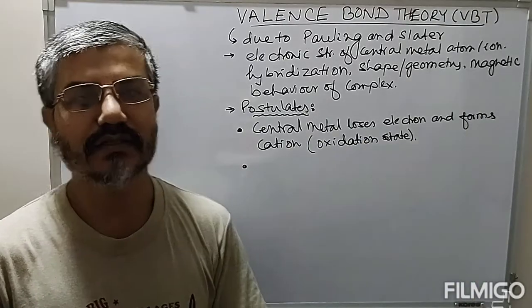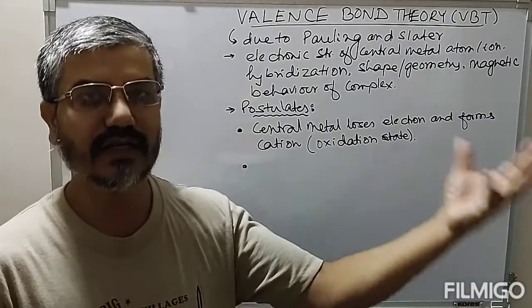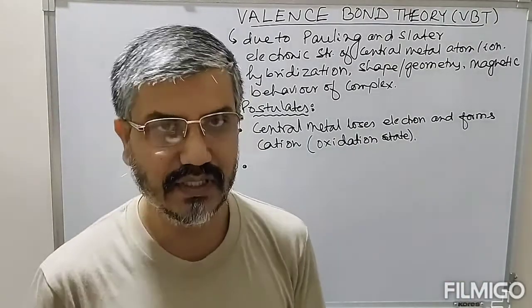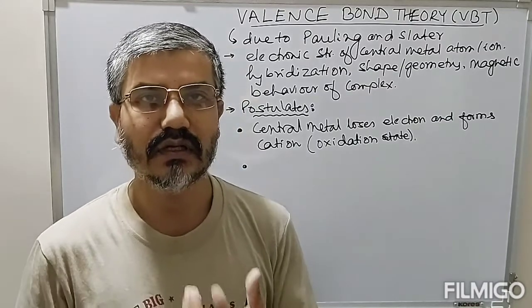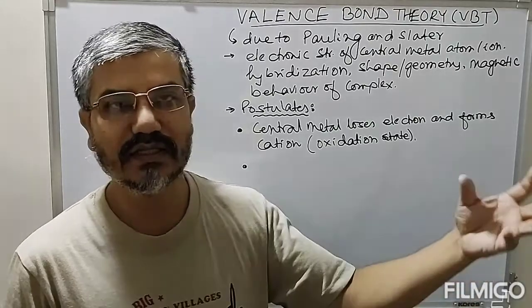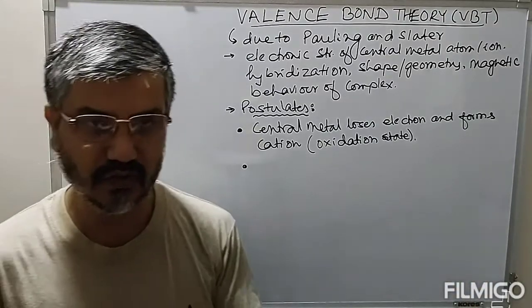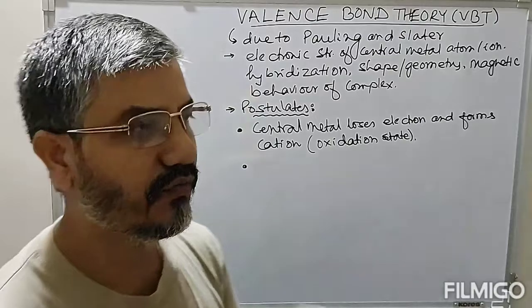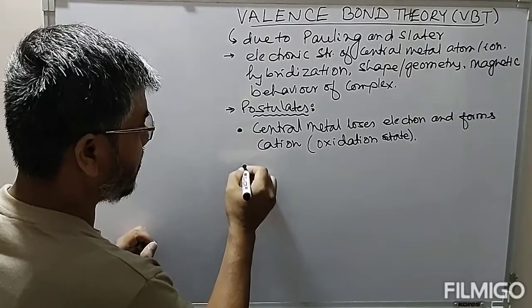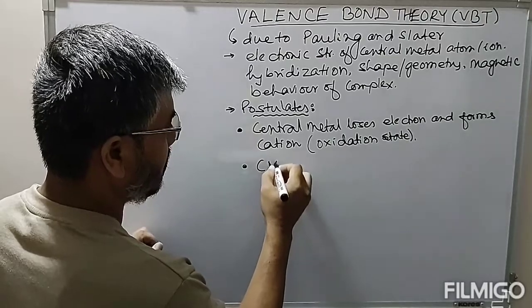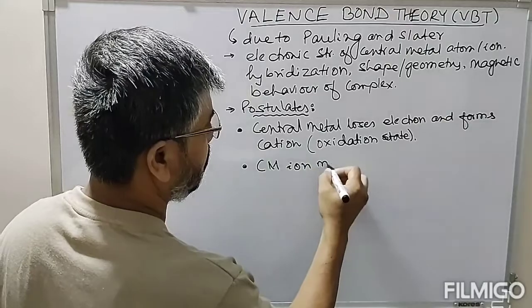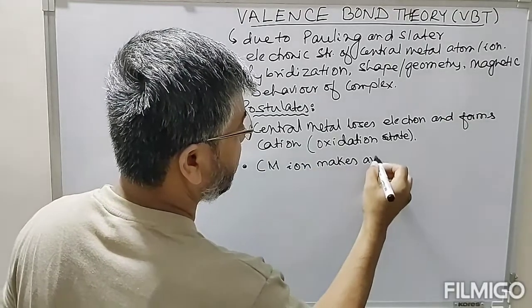After this, the metal ion makes available an equal number of vacant s, p and d orbitals equal to the coordination number of the metal ion in the complex.